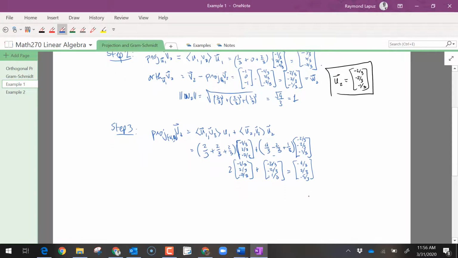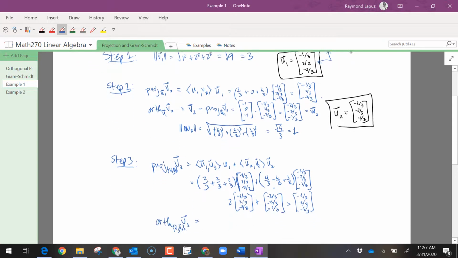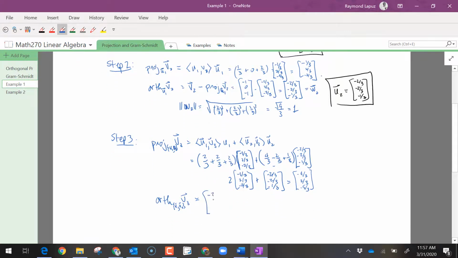All right, now that we have that, we will take a look at the actual perpendicular. And that is our vector v3, which was minus 2, 1, negative 1, and we're going to subtract what we just found, minus 4 thirds, 2 thirds, and negative 5 thirds.